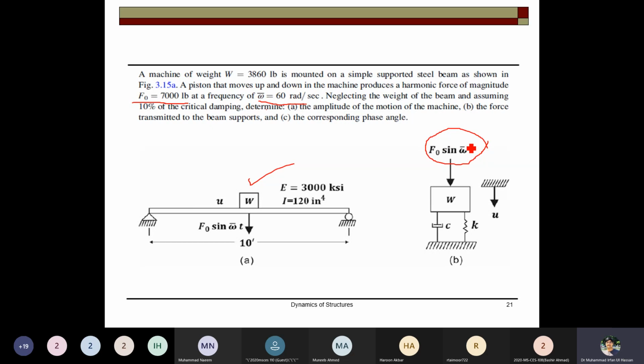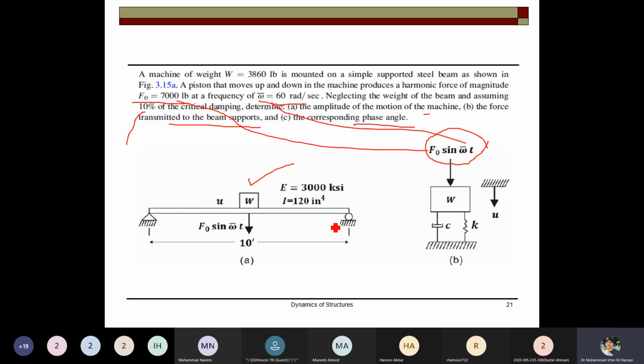So it means that omega bar is 60, F naught is 7,000. Neglecting the weight of the beam and assuming the 10% of the critical damping ratio is 10%. Determine the amplitude of the motion, force transmitted, transmissibility भी आ गई इसमें, and corresponding phase angle.